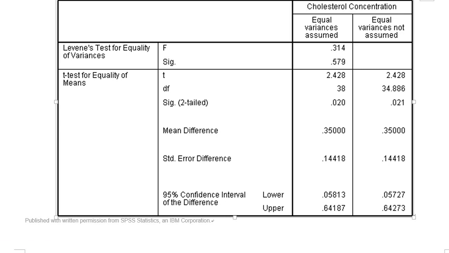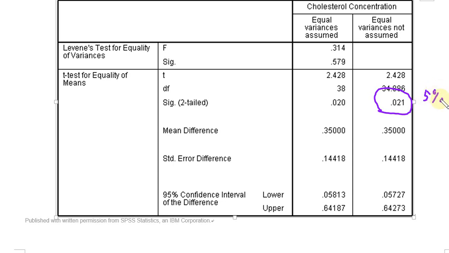Prior to your main T-test, right? This is the result of your T-test. The significance level here is 0.02. This result is meaningful because this is below what? 0.05, below 5%.